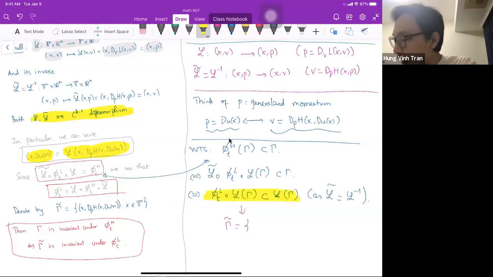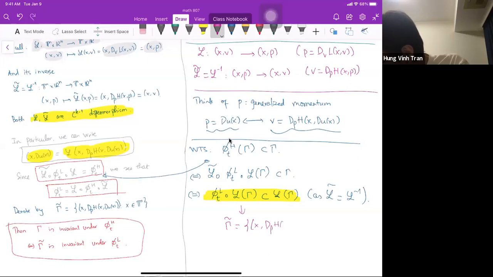And then I define gamma tilde to be curly L of gamma, and curly L of gamma, if you look back at the definition, I want curly L tilde. Am I doing something wrong? Okay, let me write out gamma tilde and I'll come back to this point.